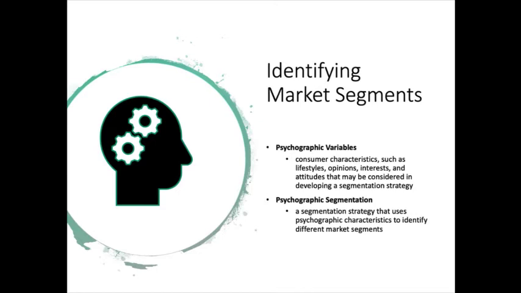Perhaps folks who have a particular political bent, or folks who are interested in particular types of hobbies and pastimes. Perhaps folks who are golfers, or folks who like to go to baseball games, and those kinds of things. All of these are ways to target your marketing towards particular types of consumers who have certain interests in common, certain values or beliefs that you believe would make them more apt candidates to be consumers of your product.